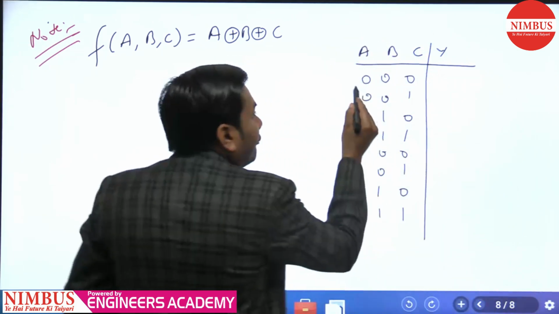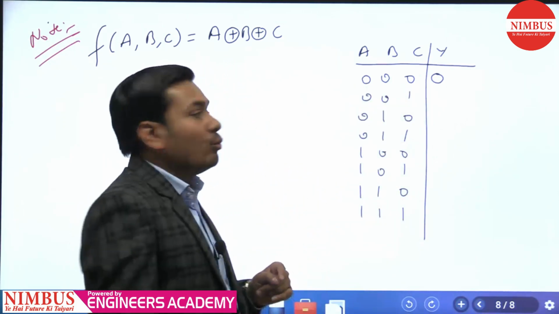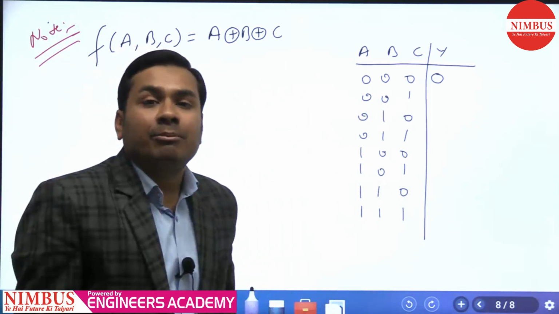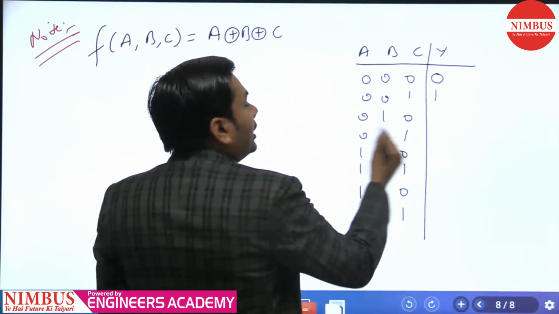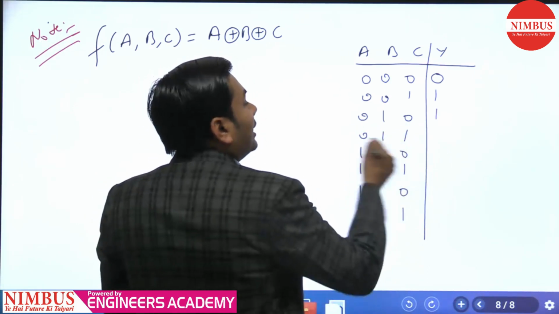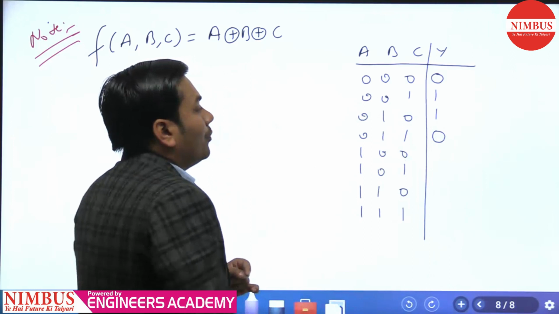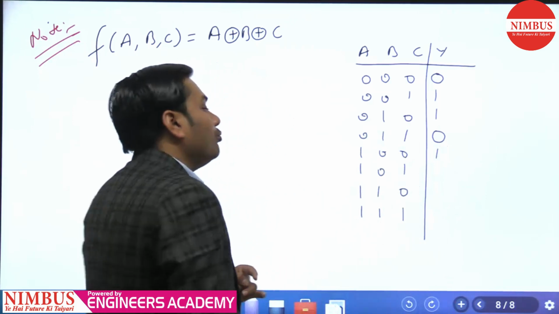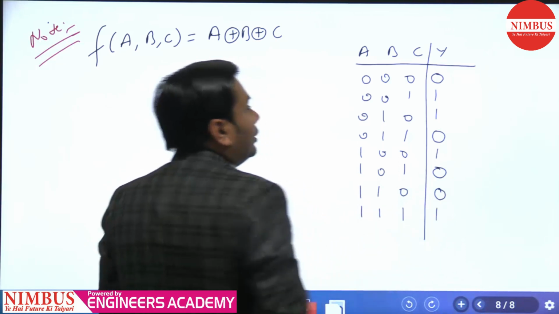Here we are having output at logic 0 because none of the inputs are at logic 1. For this one we are having a single input at logic 1, that means an odd number of inputs is at logic 1, so output is 1. Same here, odd number of inputs at logic 1, output will be 1. Here we are having an even number of inputs at logic 1, that means output will be 0. Here we are having an odd number of inputs at logic 1, so output will be at logic 1. Even number of 1s gives 0, odd number of 1s gives 1.